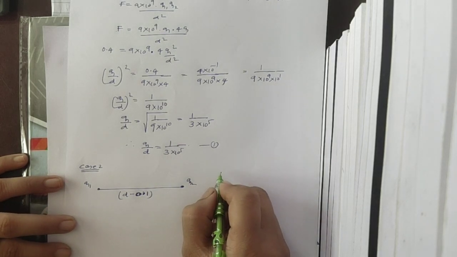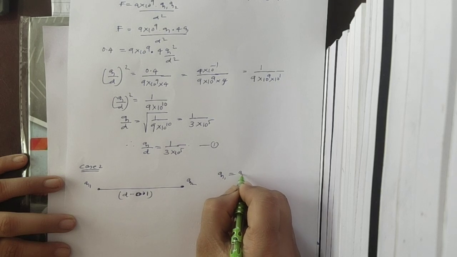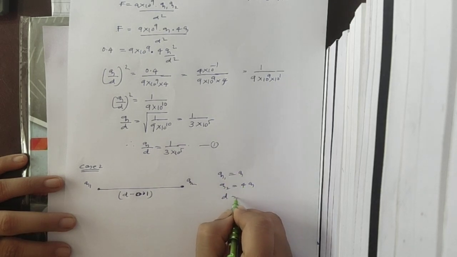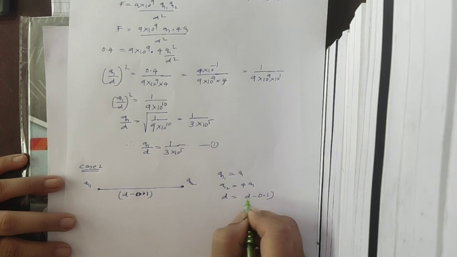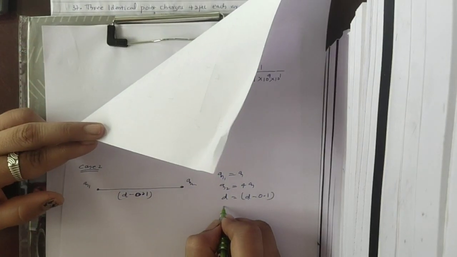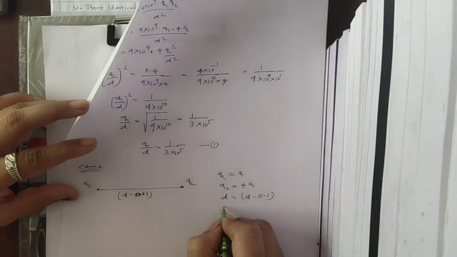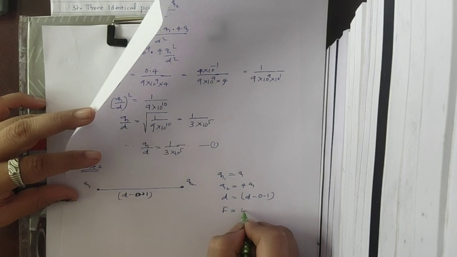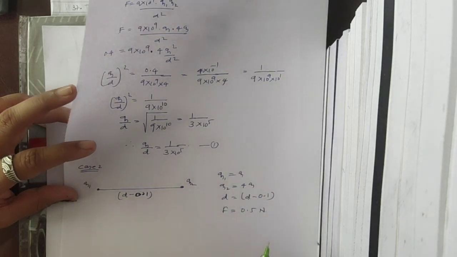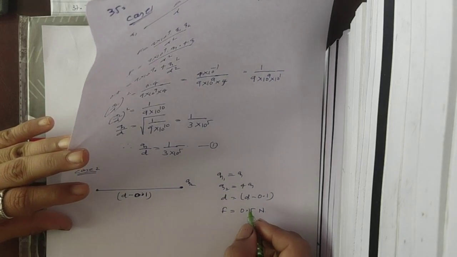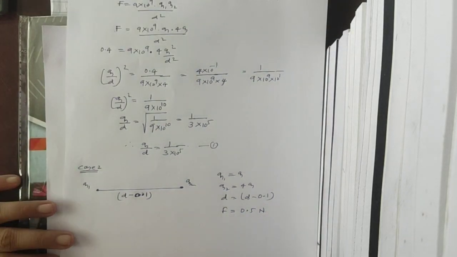Here again we take Q1 equal to Q, Q2 equal to 4Q, and distance D equal to D minus 0.1. Then the force is increased by 0.5 Newton. Calculate the charges and original separation.